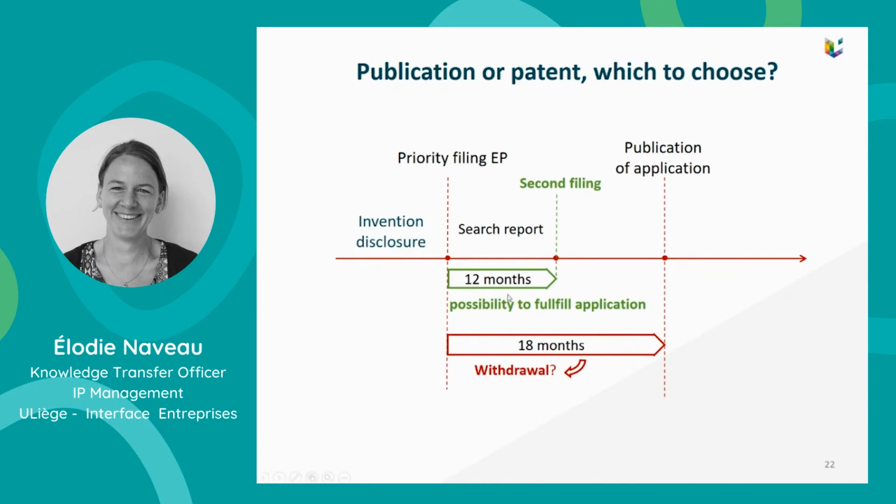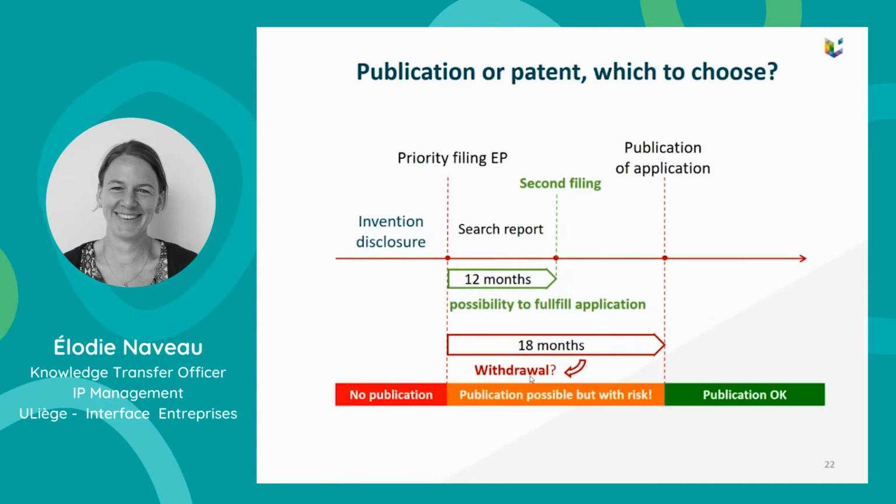Then you have the priority filing. You have this 12 months period wherein you can possibly file the extended application. Then you can have a second filing, and after 18 months, publication. During this period, it is not yet known, so you have a possibility to withdraw the application. Sometimes it can happen. It's really a case-by-case decision.